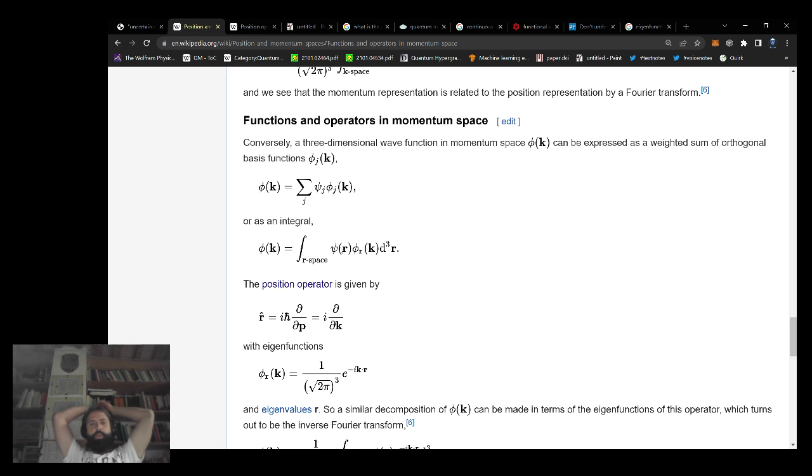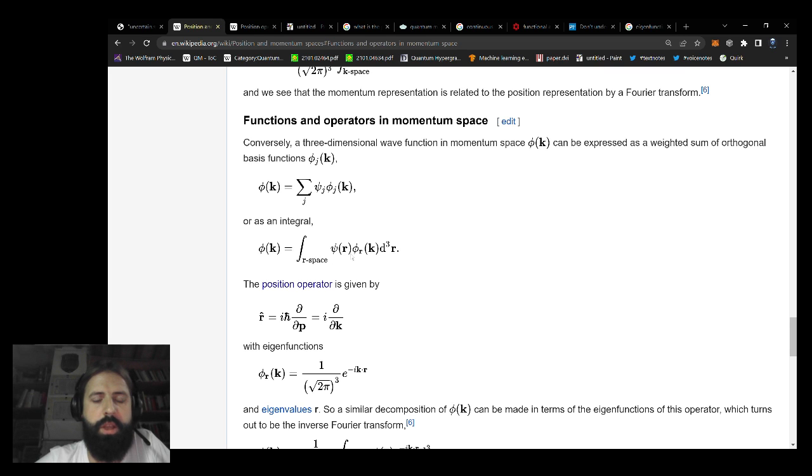Could that be? It's like saying, take that eigenfunction and multiply it by, so this is your starting point.